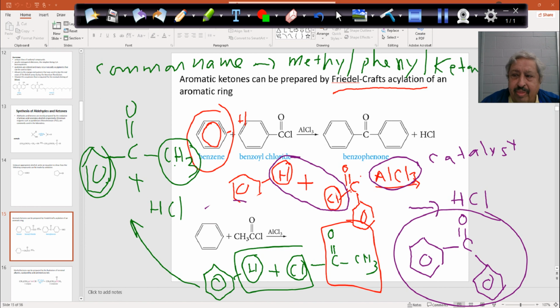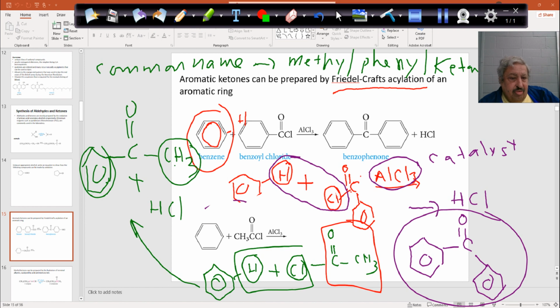So ketone. Always remember that the common name ends with the same functional group: aldehyde, ketone, carboxylic acid, alcohol, whatever the functional group. Now, we can name it, so we can think about having this one here.